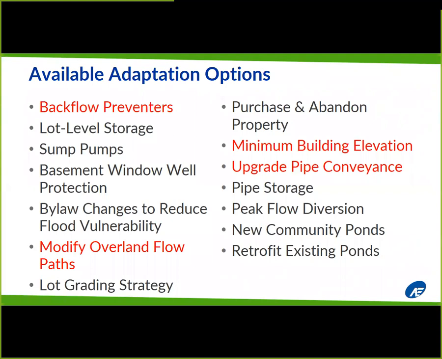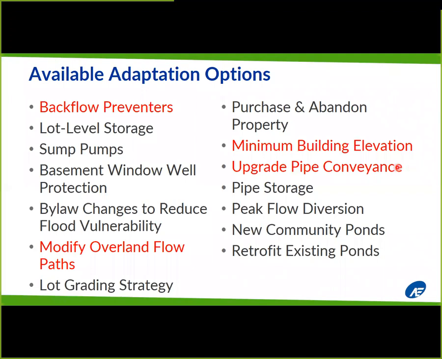So I've got a list here, which is probably not complete in terms of things that we thought of. But for this study, what we wanted to do was limit it to a few different approaches and consider things that would be our go-to option. That would be something like, why don't we just put in a bigger pipe and forget about it? That would be the standard operating procedure, if you will.